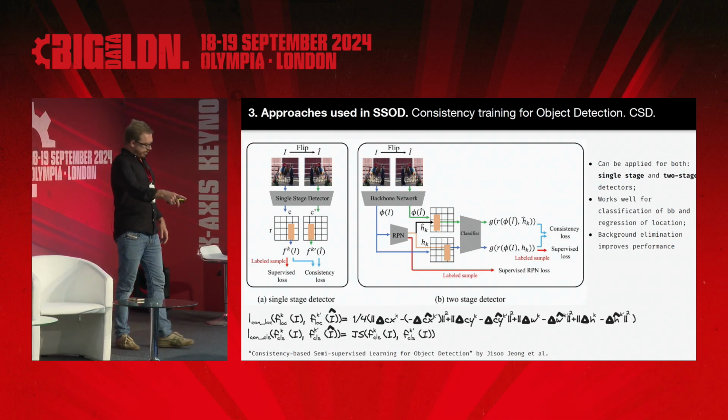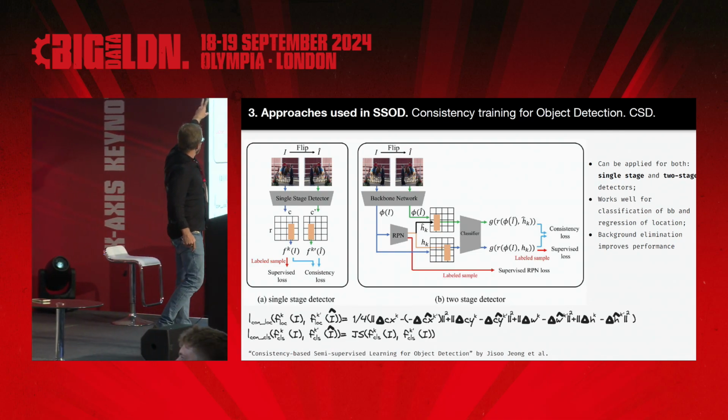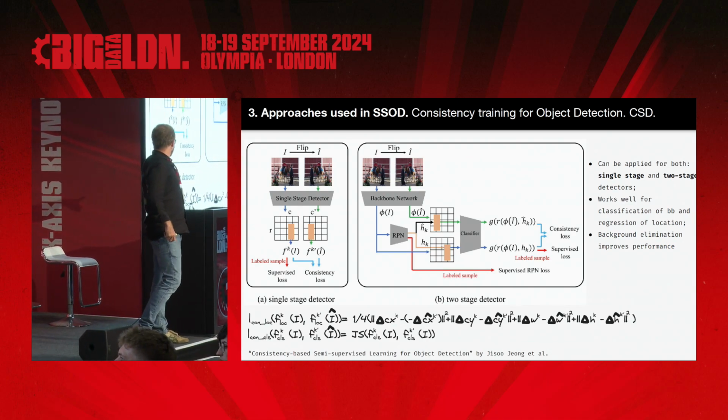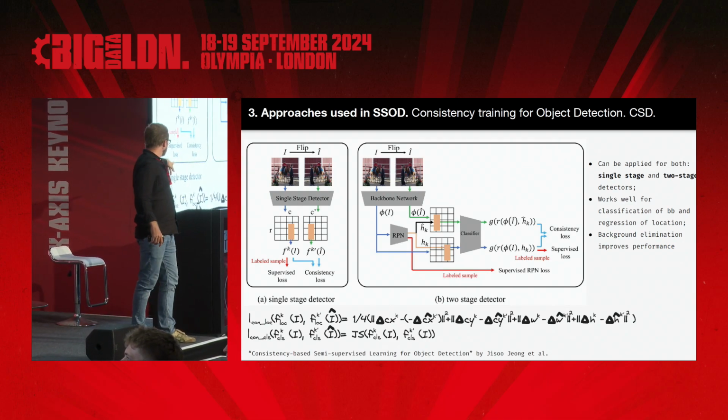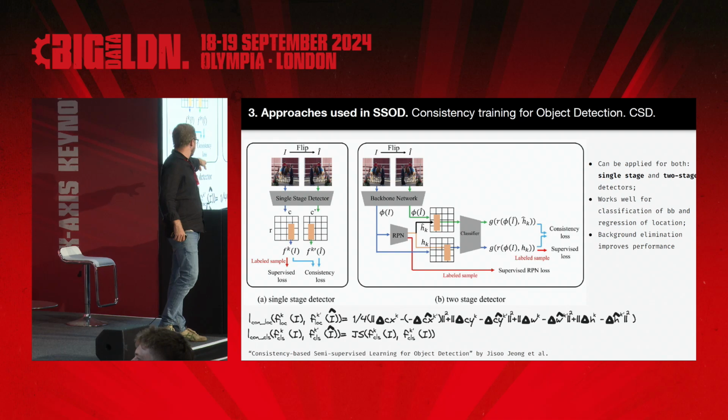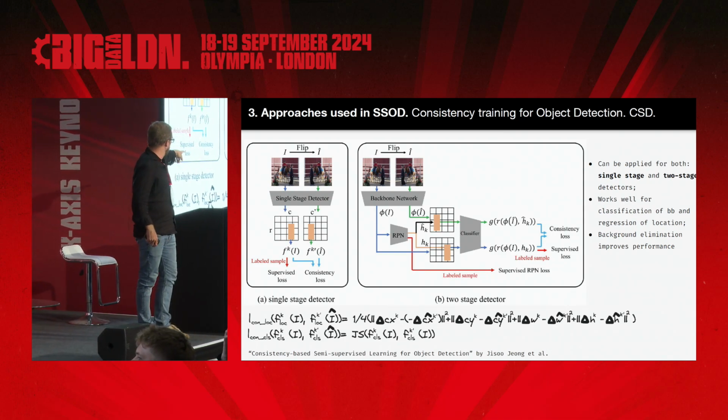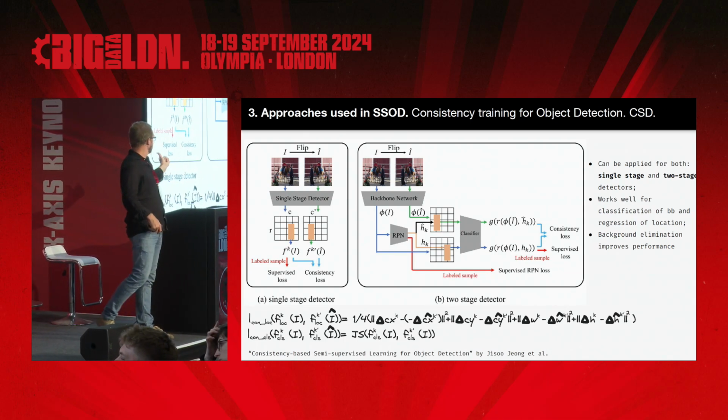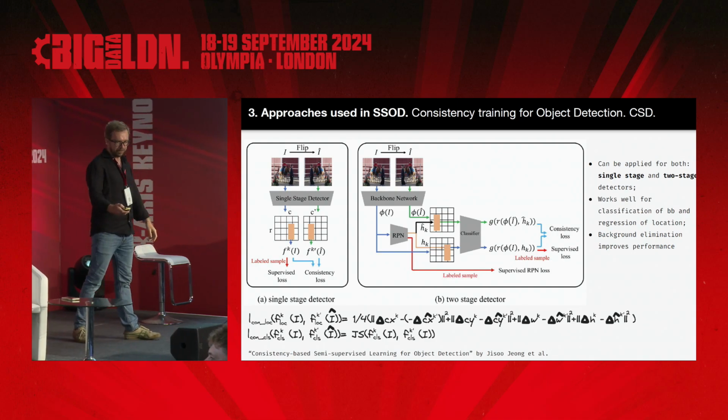And as I mentioned, it's just a simple flip. That's why in the localization loss function, we can see a slightly strange part for the x coordinate.